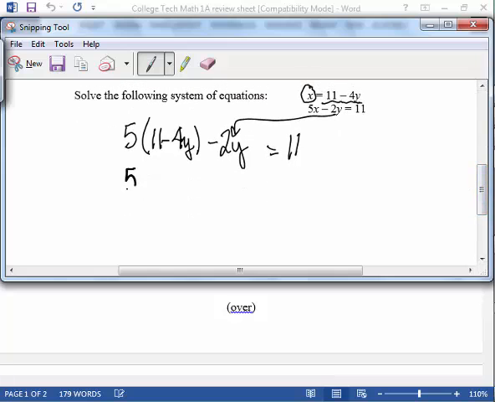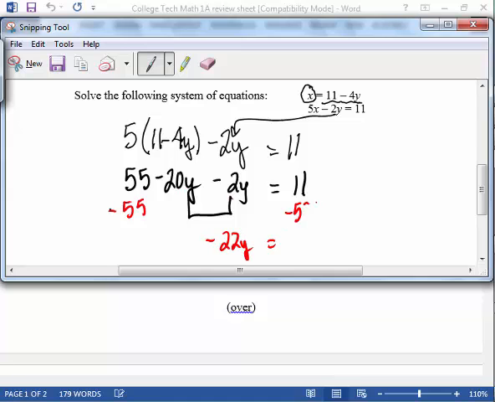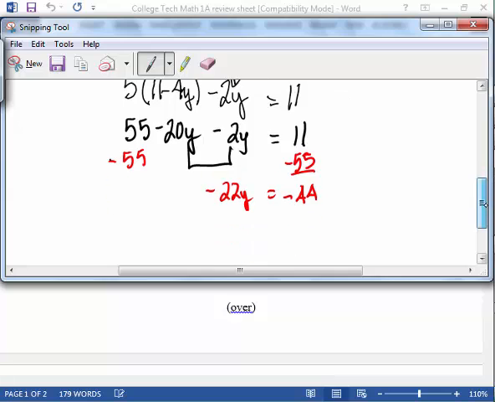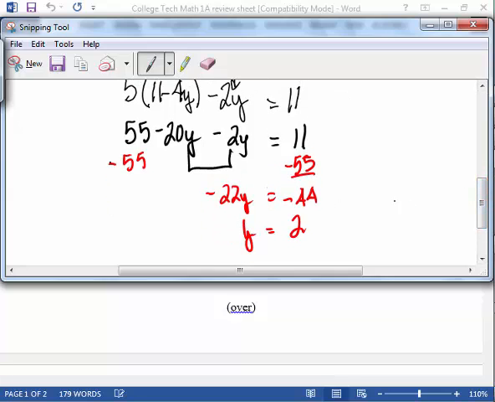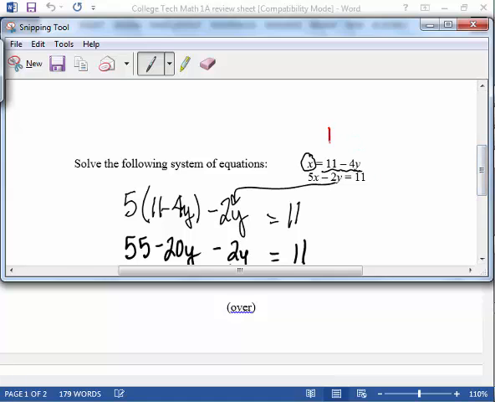Let's remove the parentheses. 55 minus 20y minus 2y, so that's going to combine, is 11.